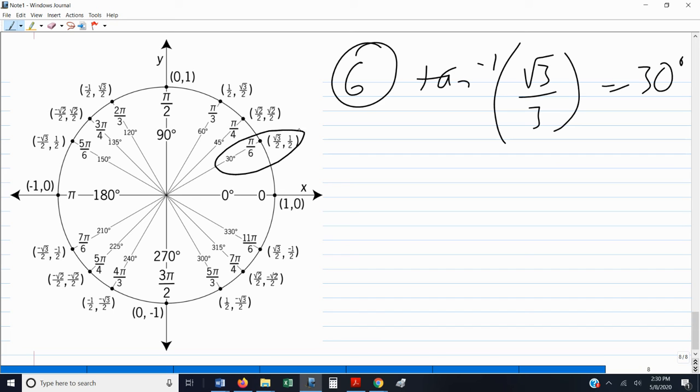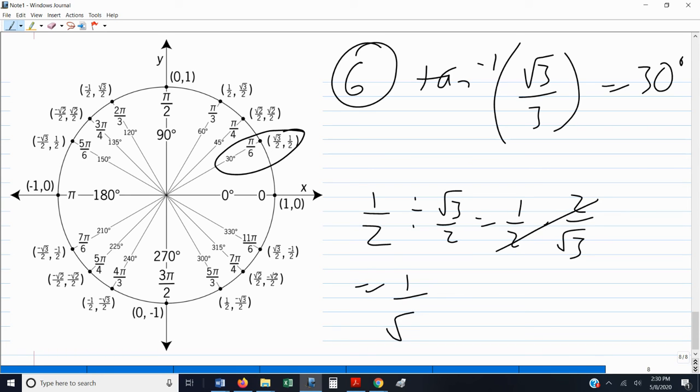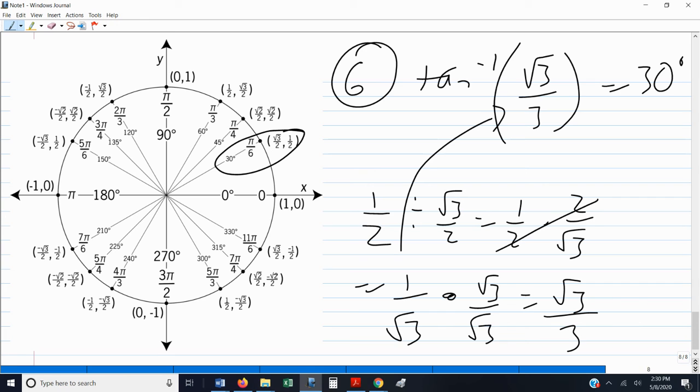I think this is a tricky one because the y divided by the x, or multiplying by the reciprocal, gives you 1 over root 3, which doesn't match that until you rationalize. So this is why I saved this one for the end. I just think they have a lot more thought than just looking on the unit circle and choosing your answer. So 30 degrees for that one.